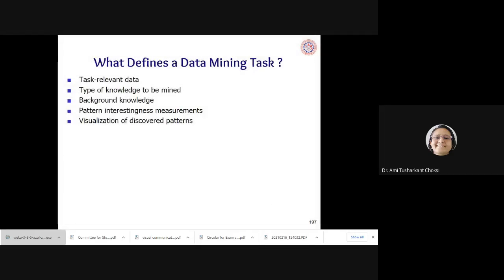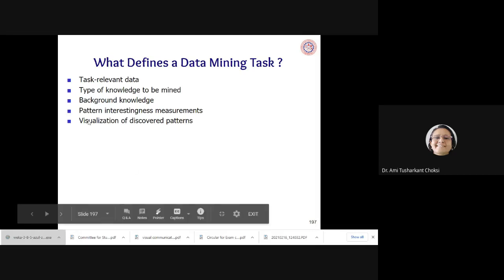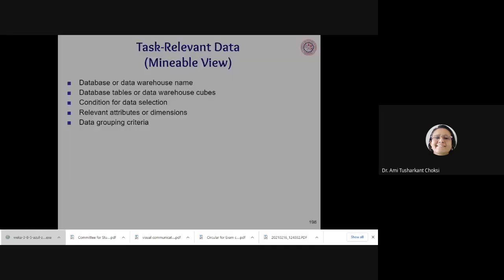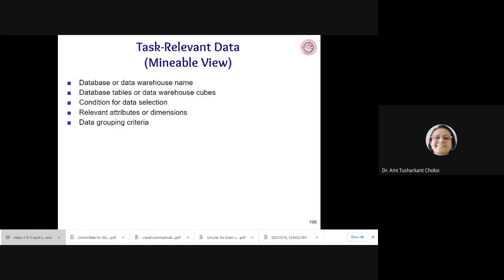So what defines a data mining task? That is task-relevant data, type of knowledge to be mined, background knowledge, pattern interestingness measures, and visualization of discovered patterns. Task-relevant data is also called the mineable view. So what is that?